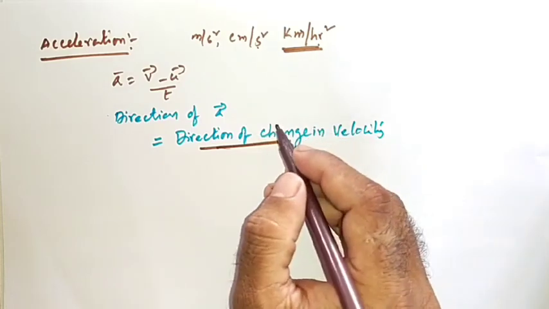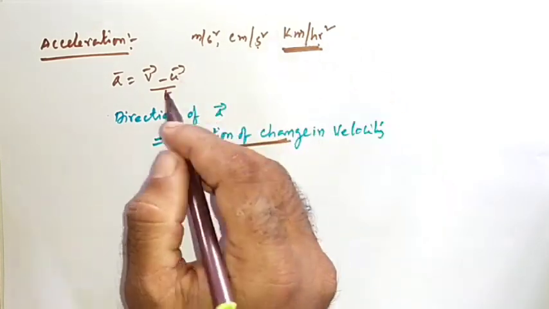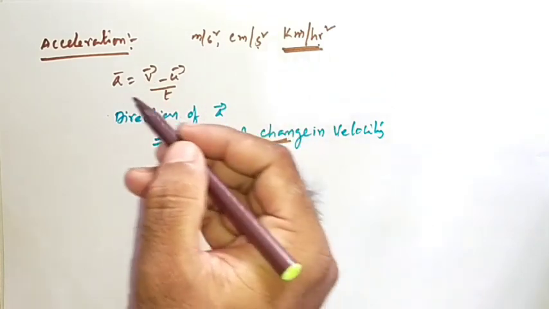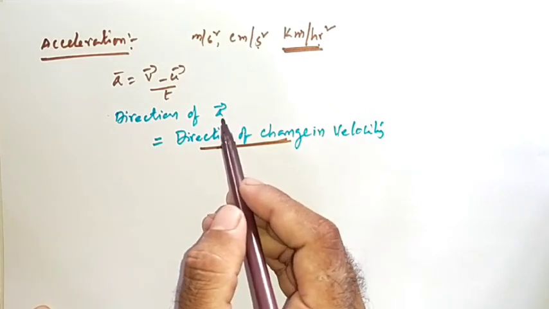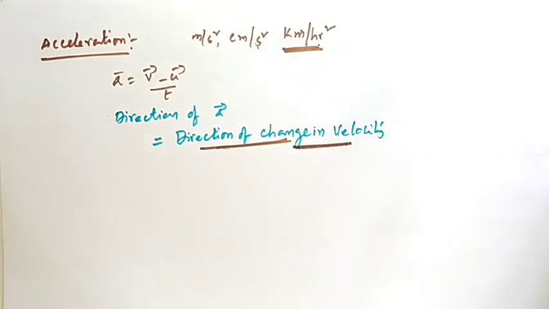If the change in velocity is east, acceleration direction is east. If the change in velocity is west, acceleration is west. If the change in velocity is northeast, acceleration is northeast. Remember that the direction of acceleration is not the velocity direction, but the change in velocity direction. Be careful.